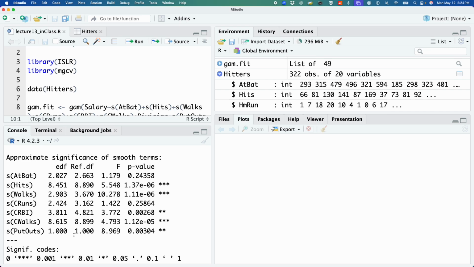But we don't have any coefficients to actually describe the relationship between these two things. But we do have, conveniently, a nice visual representation of that relationship. So let's take a look at that.